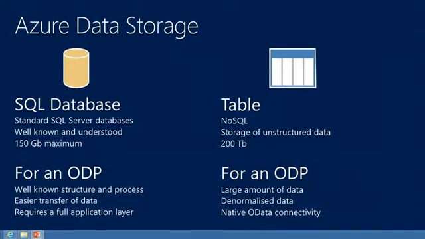Obviously, you've got a 200 terabyte versus 150 gigs. However, the data was denormalized, which presented us with some problems. However, and this was the big sticking point, or the reason that we used it and we had problems moving away from it, is that you get native OData from table storage. And we built the whole of this project around the OData services.